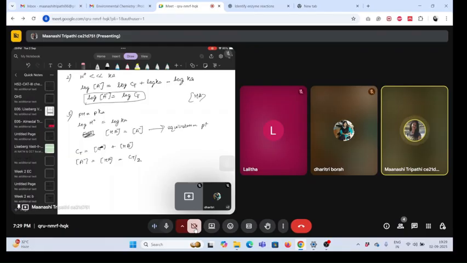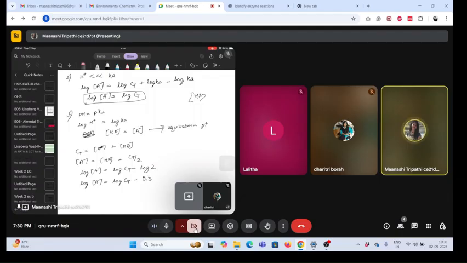So while putting log on both the sides, log A negative is equal to log CT minus log 2. So log A negative is equal to log CT minus 0.3. Log value of 2 is 0.3, okay, this is value of log 2.